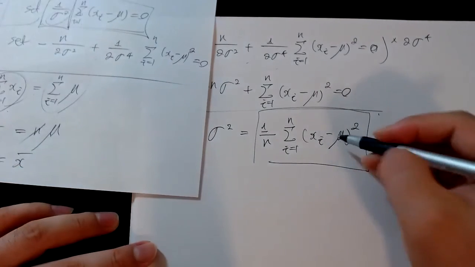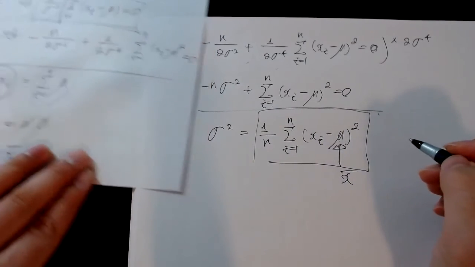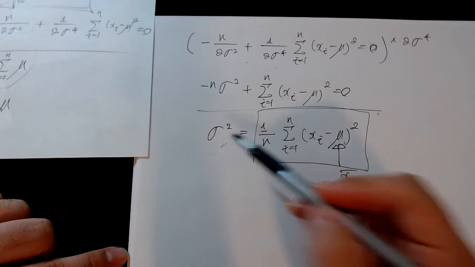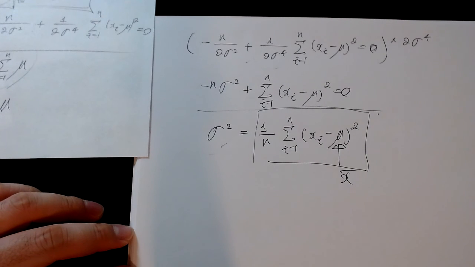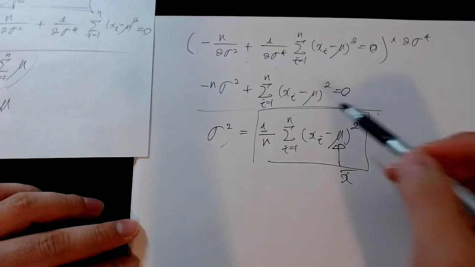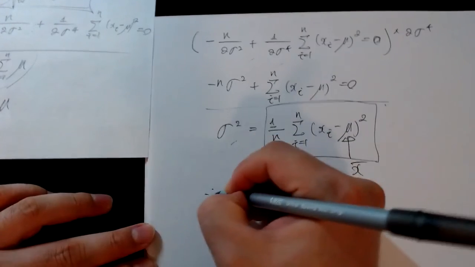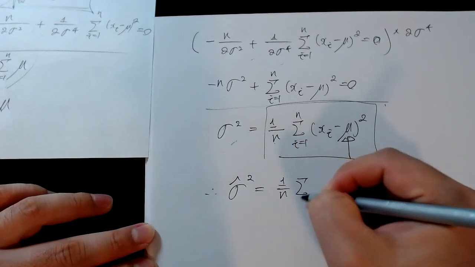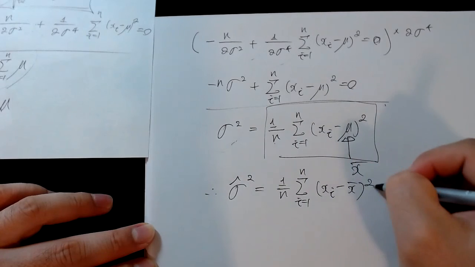So we replace mu by the sample mean x bar, to fully express the parameter sigma square in terms of the sample statistic. It's similar to the sample variance, but divided by n, not n minus 1. So sigma hat square is equal to 1 over n times the summation i equals 1 to n of (xi minus x bar) square.